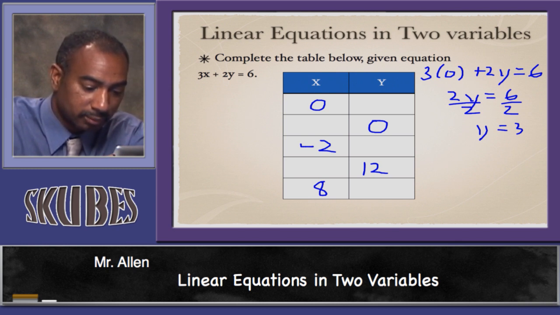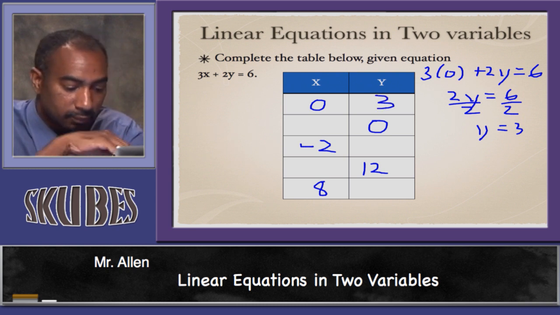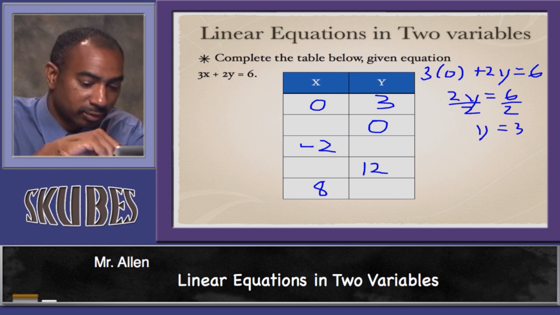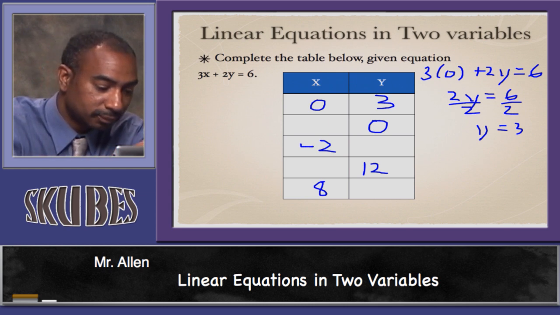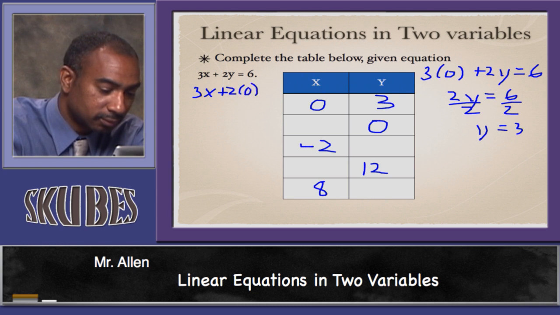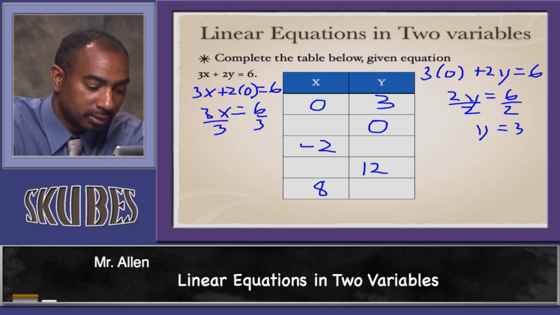So we're going to put 3 there. All right, and likewise, if you substitute in 0 for y, you get 3x plus 2 times 0 equals 6. So you get 3x equals 6. Divide both sides by 3, x has to be 2.